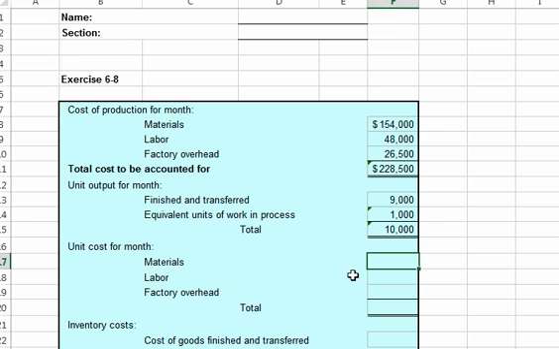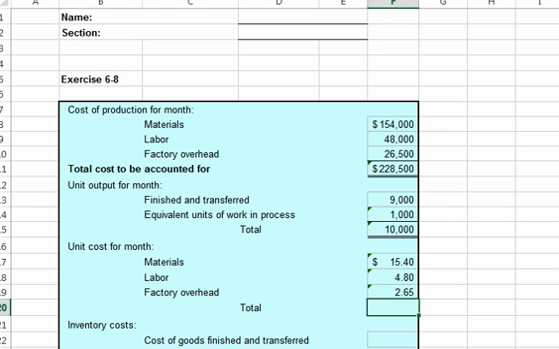Okay, to get our unit cost for the month, we'll take our cost for materials, $154,000, and divide by the 10,000 units. So that's $15.40. For labor, it would be our labor cost divided by the 10,000 units, $4.80. And then for factory overhead, it cost us $26,500 divided by the 10,000 units.